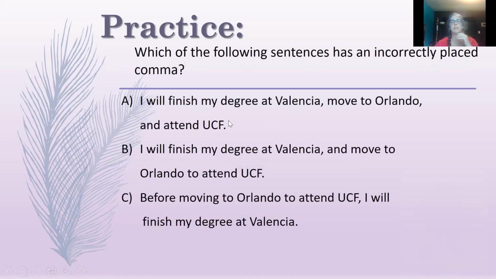All right, let's move on to this one. Which of the following sentences has an incorrectly placed comma? Okay. A, I will finish my degree at Valencia, move to Orlando, and attend UCF. B, I will finish my degree at Valencia and move to Orlando to attend UCF. C, Before moving to Orlando to attend UCF, I will finish my degree at Valencia.